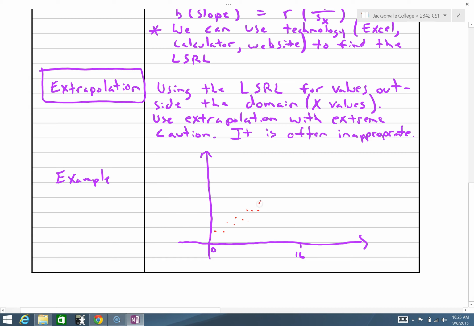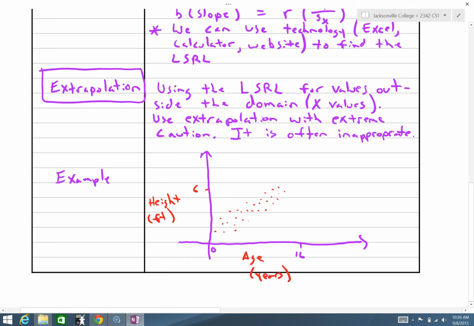All right, if we had many different children here, it would definitely be a positive relationship. As your age increases, so does your height. Maybe this up here is 6 feet tall. Height in feet, age in years.